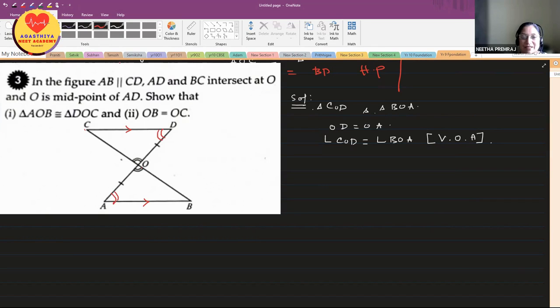Alternate angles. Very good. So you can write angle CDO is equal to angle BAO. The reason is CD is parallel to AB, or they are alternate, whatever.